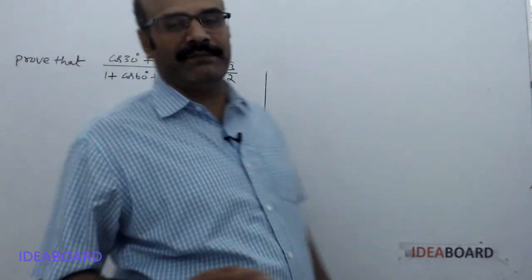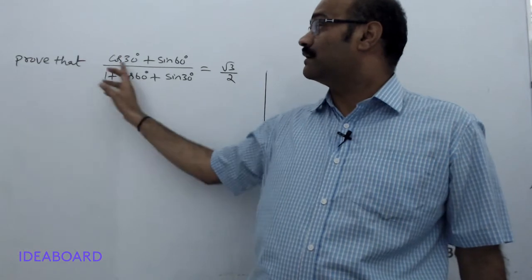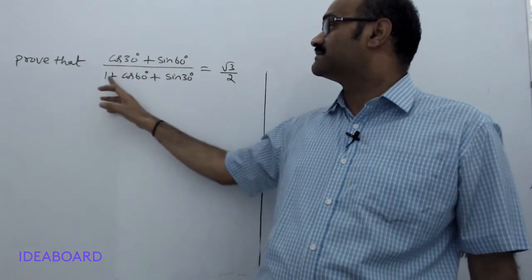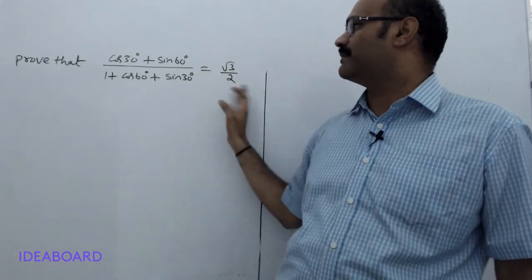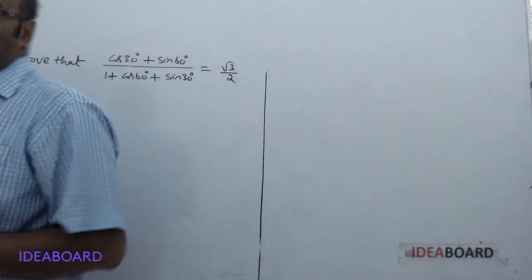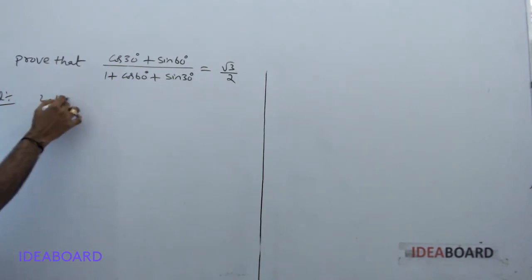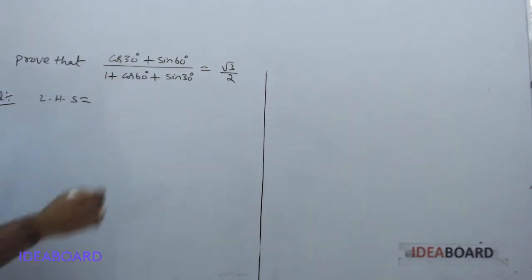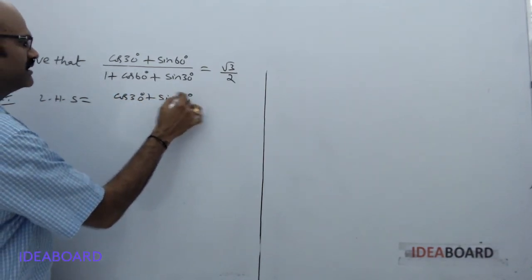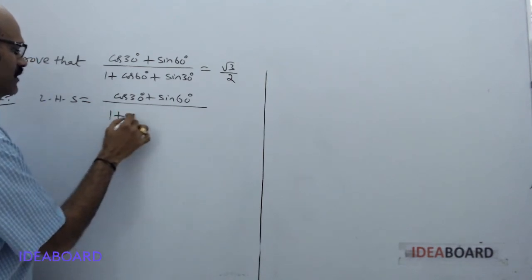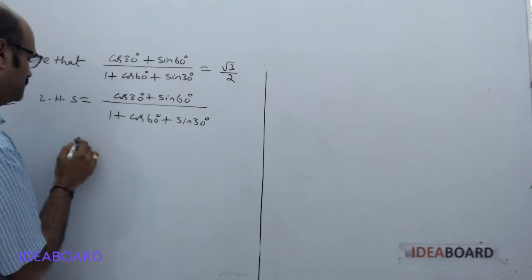Now we discuss some problems based on the concept which we have discussed. Prove that (cos 30 degrees plus sin 60 degrees) by (1 plus cos 60 degrees plus sin 30 degrees) equals root 3 by 2. Solution: LHS equals (cos 30 degrees plus sin 60 degrees) whole by (1 plus cos 60 degrees plus sin 30 degrees).